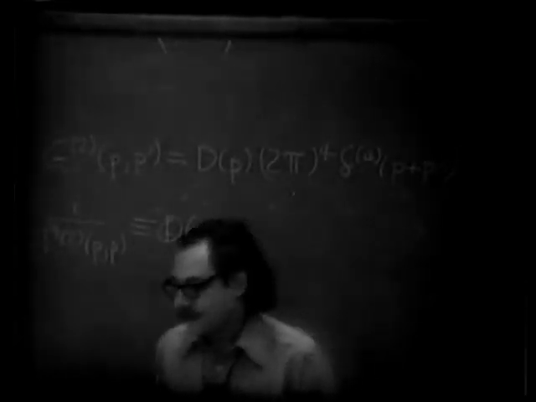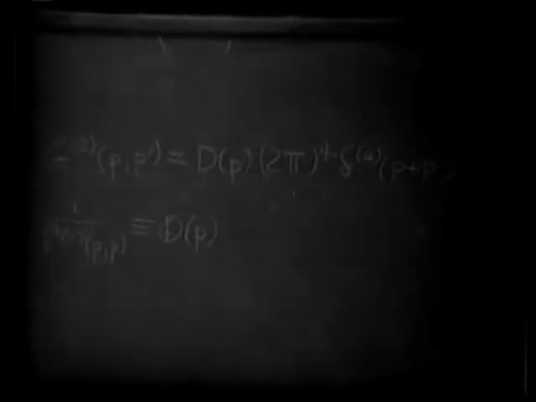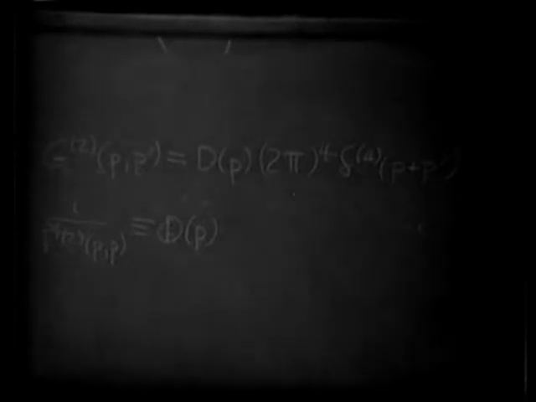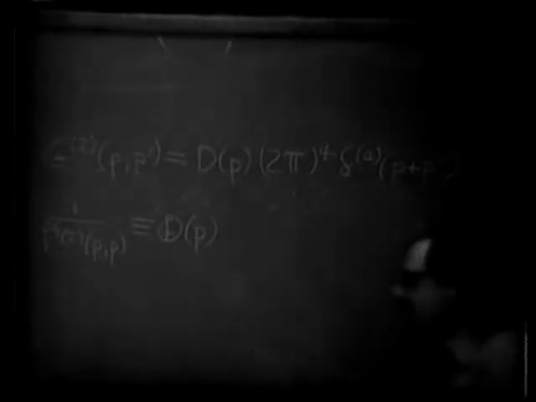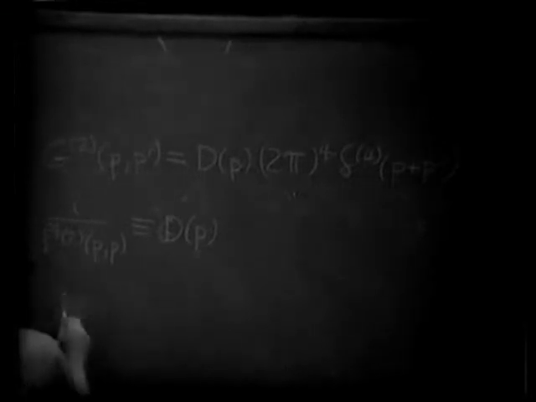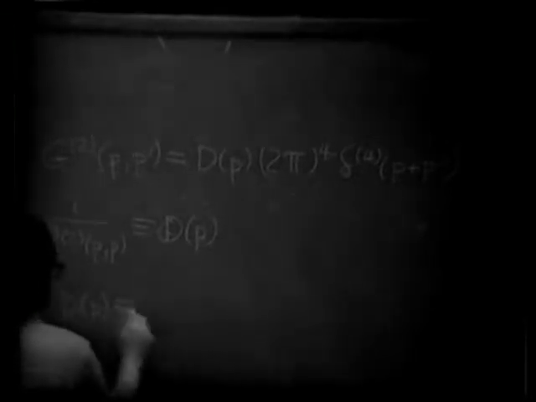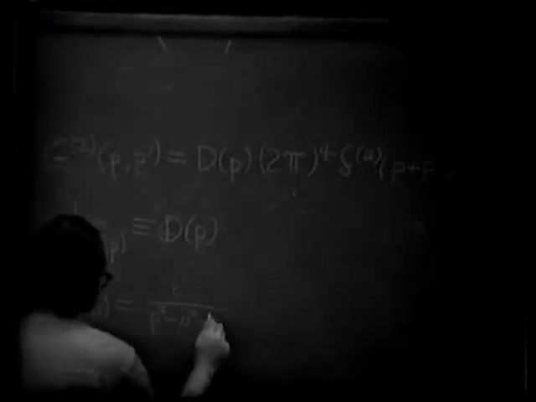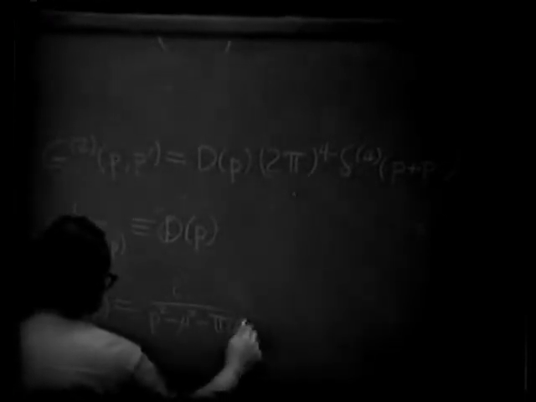Now this is almost our usual definition. As you recall, in our old definition, gamma 2 twiddle would have been the object we called pi, or perhaps minus pi or i pi, the self-energy operator. That's something I showed you. And in our old definition, we would therefore have D of p equals i over p squared minus mu squared minus pi of p squared.